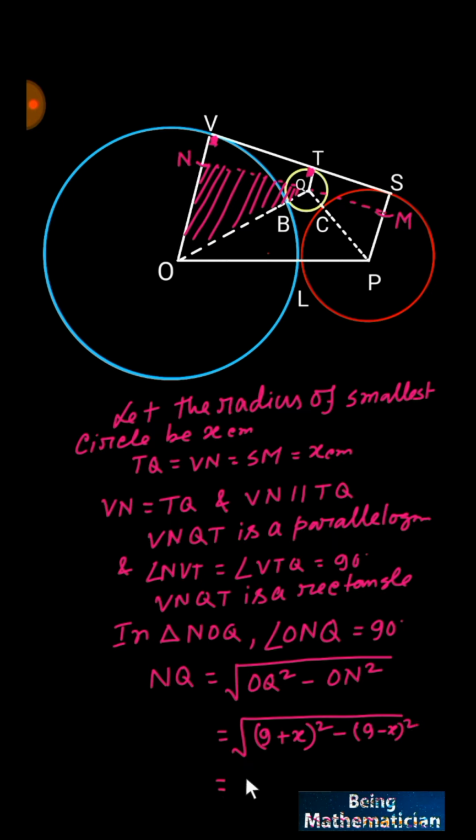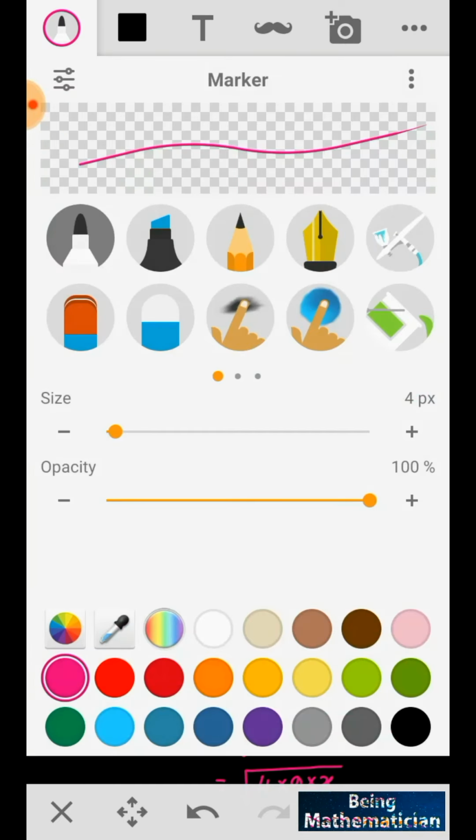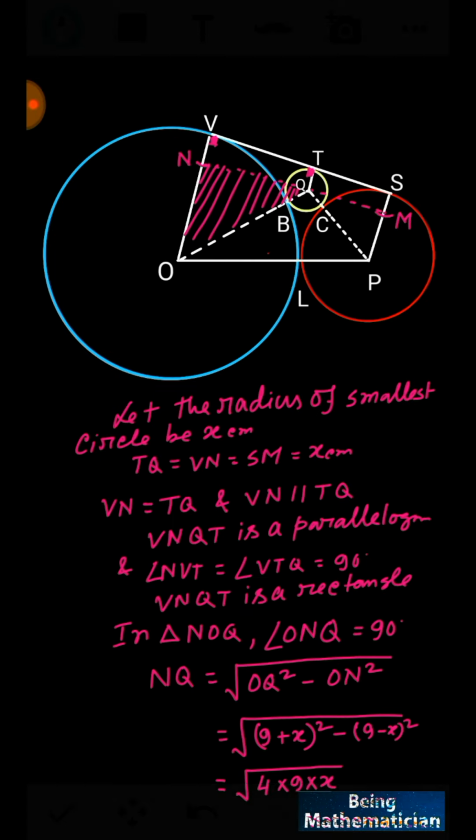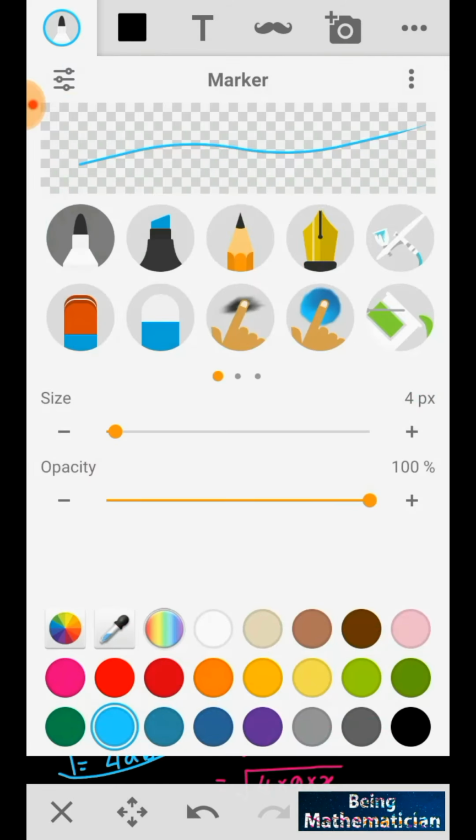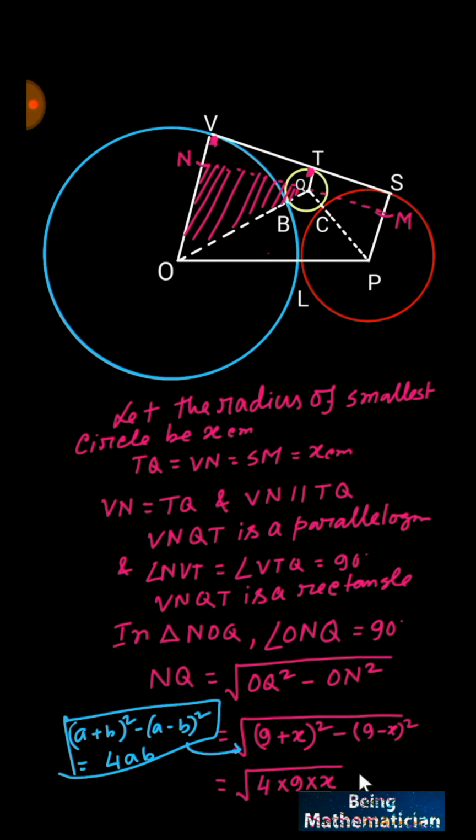So now it simplifies as 4 into 9 into x. Here we apply the formula, that is a plus b whole square minus a minus b whole square is equal to 4ab. Applying this formula here we get this. So it must be 6 root x centimeter. We keep this result.